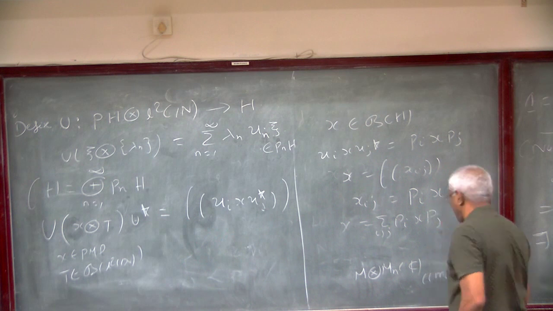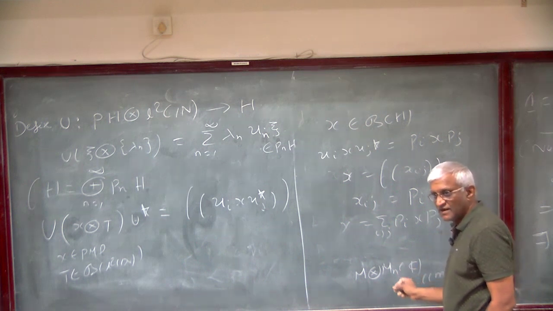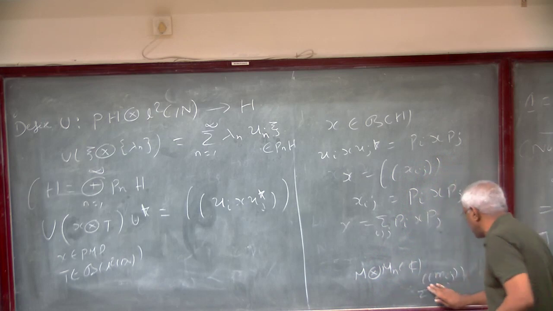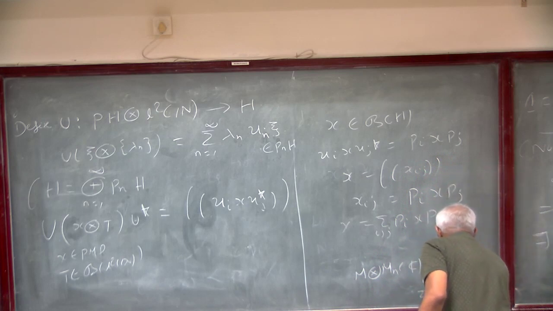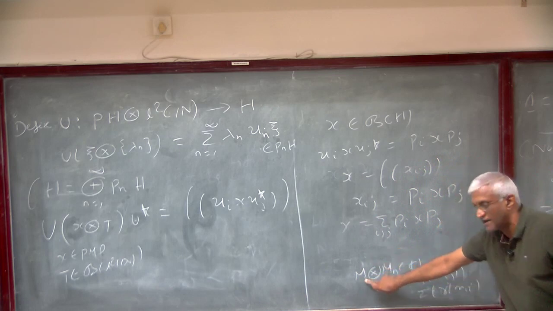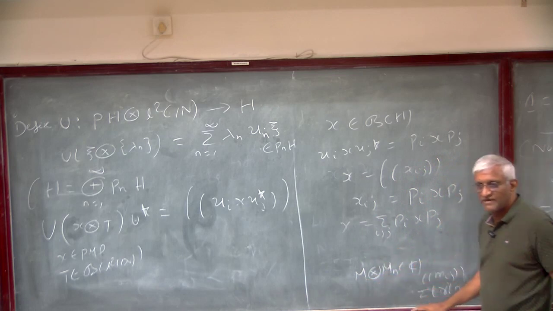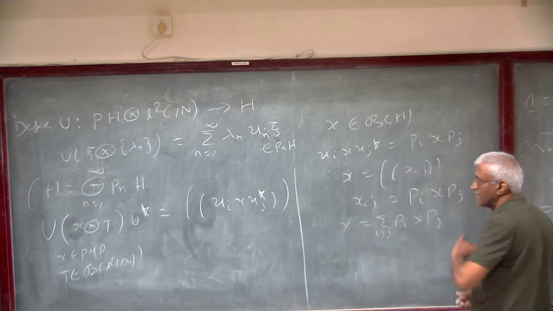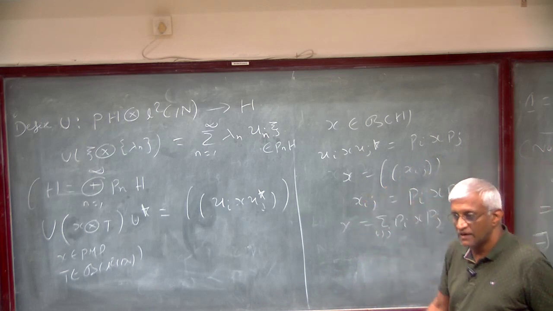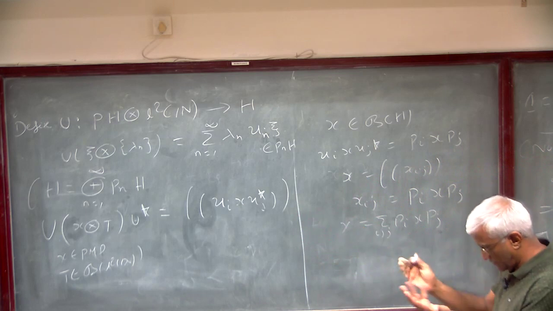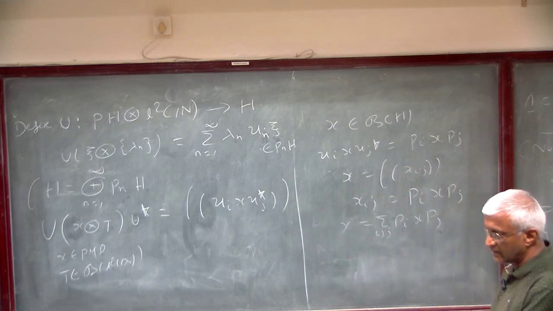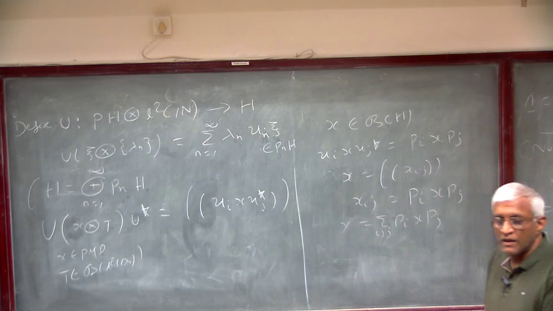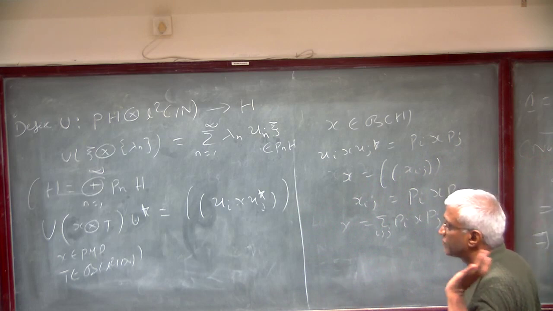You can verify it will be like this. You can define a trace as the summation of the trace of Mii, where the trace is the original trace on M. So because of that, it will give a type 2 1 factor. So you have to take a tensor with B of H, I mean B of an infinite-dimensional Hilbert space. Okay, so this is on type 2 infinity.